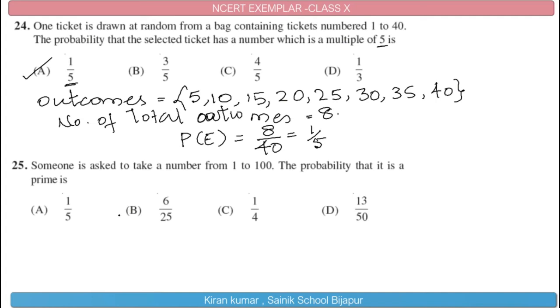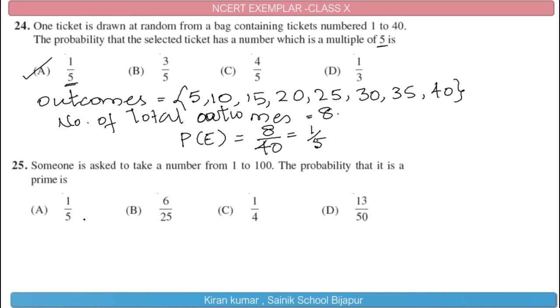Question number 25. Someone is asked to take a number from 1 to 100. The probability that it is a prime is.